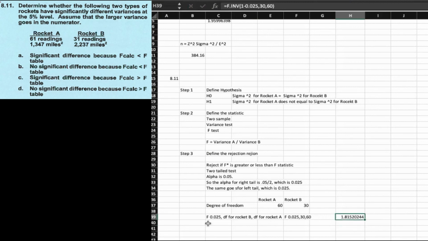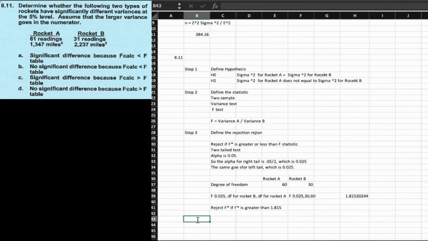So this is the rejection region, meaning reject if F star is greater than 1.815. Step 4, calculate the statistic.